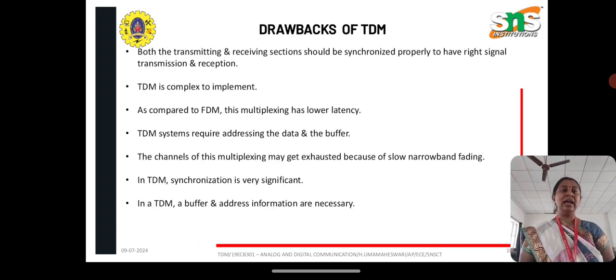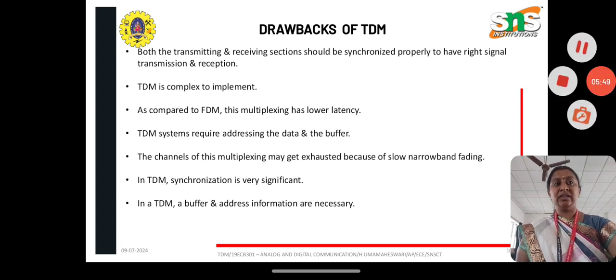The drawback of TDM is that both the transmitting and receiving sections should be synchronized properly to have the right signal transmission and reception. TDM is complex to implement. This system requires addressing the data and buffers. In TDM, synchronization is very significant.